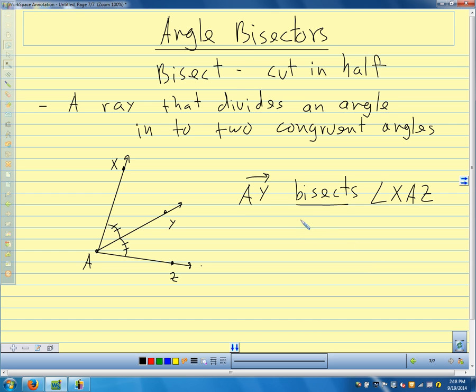That tells us that angle XAY is congruent to angle YAZ. And we call ray AY a bisector. So an angle bisector cuts the angle into two equal pieces. So just like we did with segment bisector, if we had a problem that had to do with an angle bisector, the two pieces have to be equal. The two parts are equal.